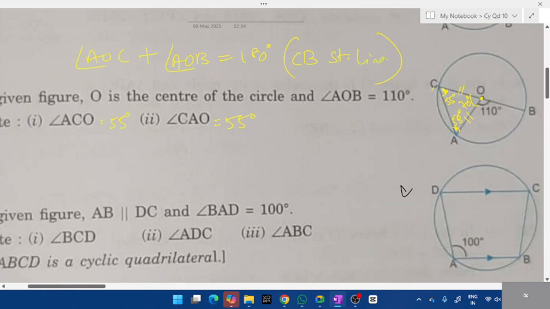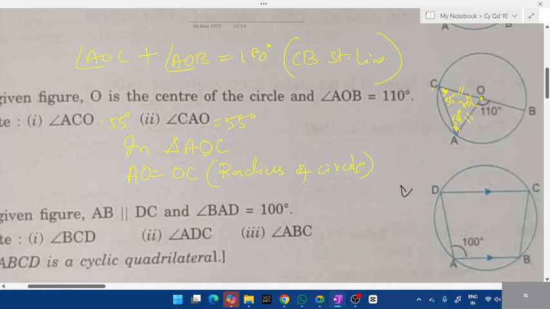70. Then just think what we did. We just entered into the triangle. Explain that. In triangle AOC, AO is equal to OC, radius of the circle.